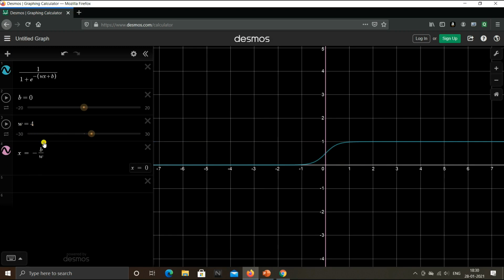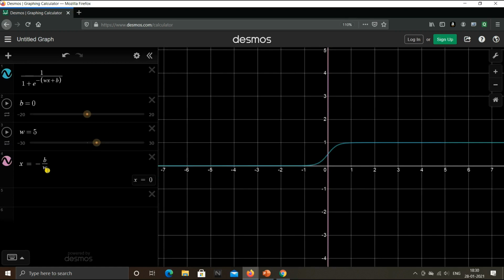Now let's play with this threshold point. Let's say I have initialized the value of w to 5. Here you can see in the denominator the value of w has been fixed to 5. Now I will keep changing the value of b. Let's say I increase the value of b. This will go towards the left side because there is a minus sign over here.